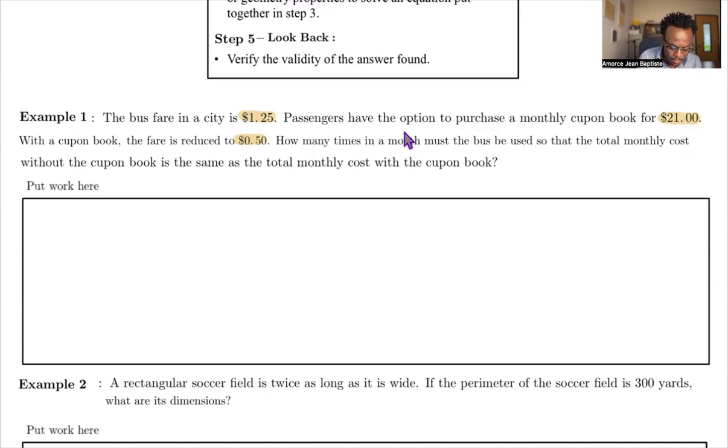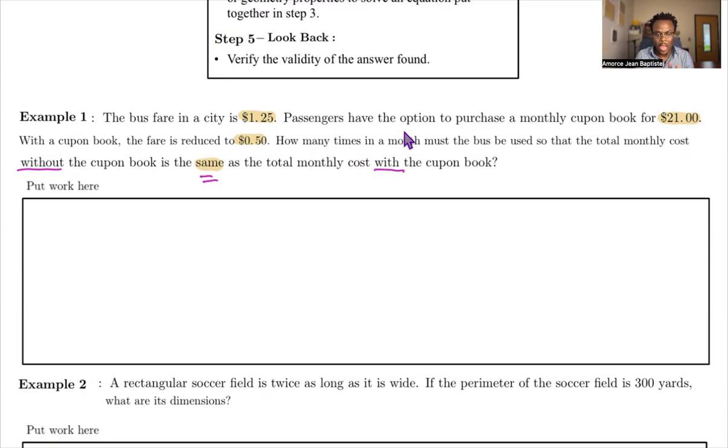How many times in a month must the bus be used so that the total monthly cost without the coupon book is the same as the total monthly cost with the coupon book. So basically, without and with to be the same.